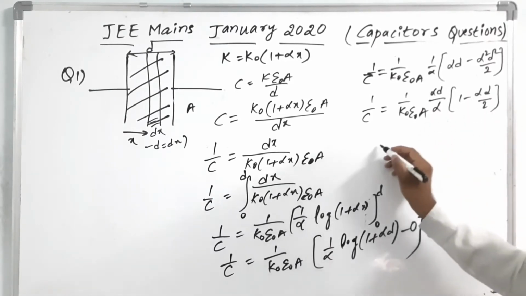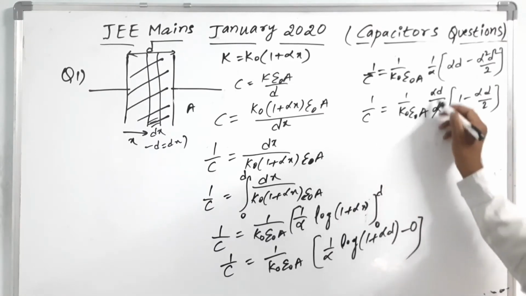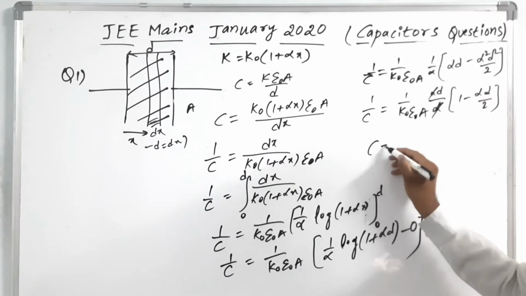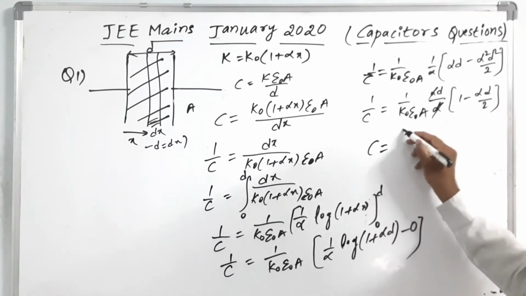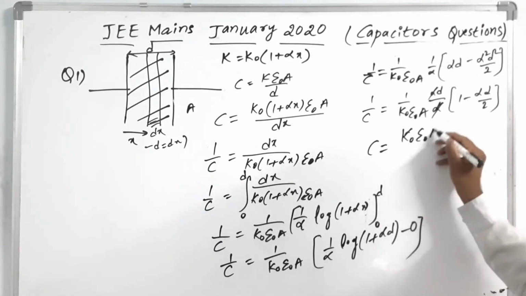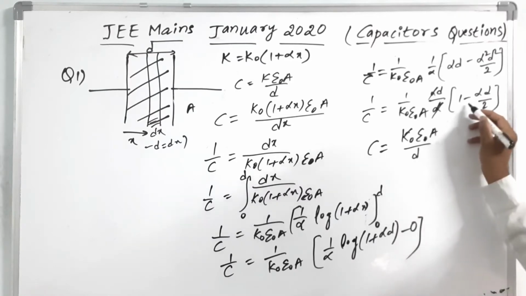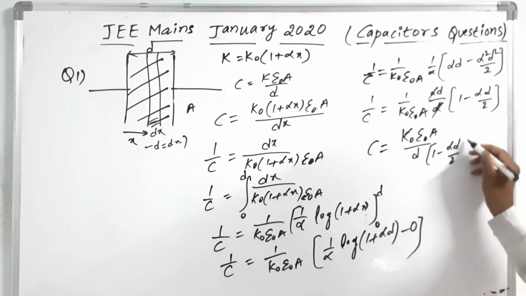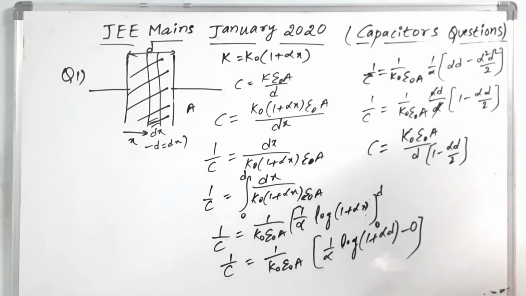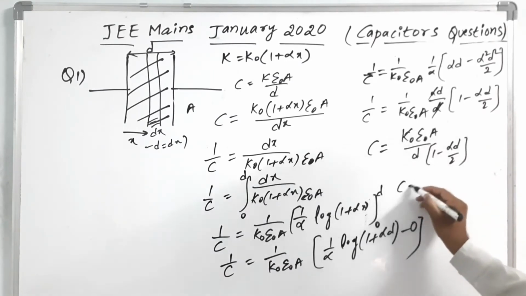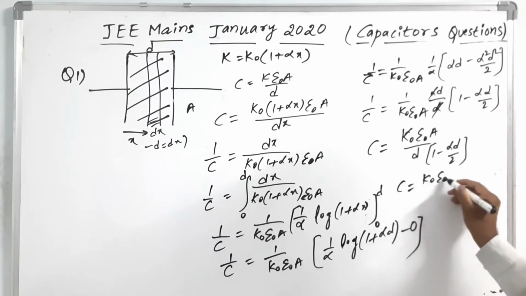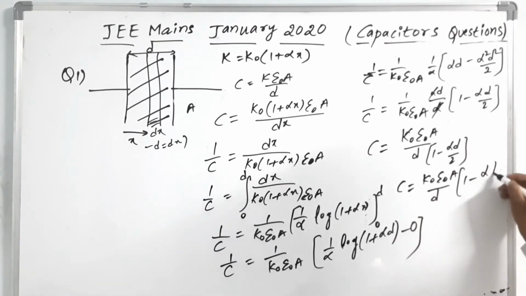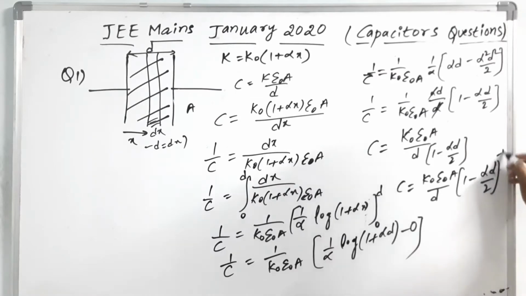Next, C is equal to, alpha cancels, and taking the inverse of the capacitance, C is equal to K naught epsilon naught A by d, and this is also the inverse of 1 minus alpha d by 2. Next, C is equal to K naught epsilon naught A by d times the inverse of 1 minus alpha d by 2.